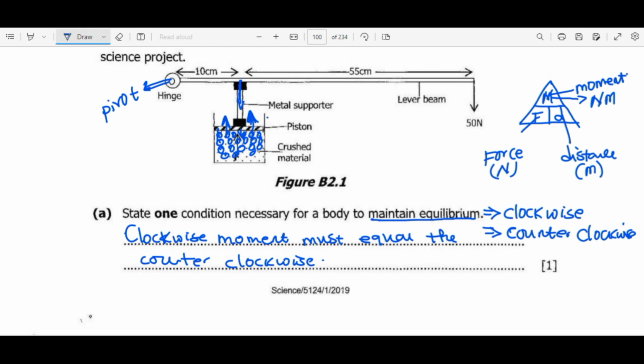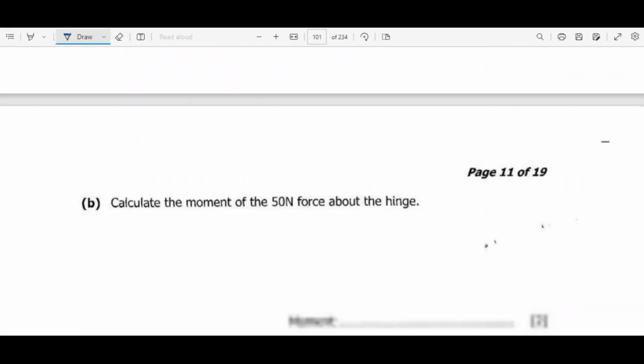Do not say Newton per meter. This is different from this one. The correct unit for moment is Newton meter, because the force is multiplied by the distance. Now, after this is done, we can go back to our question.